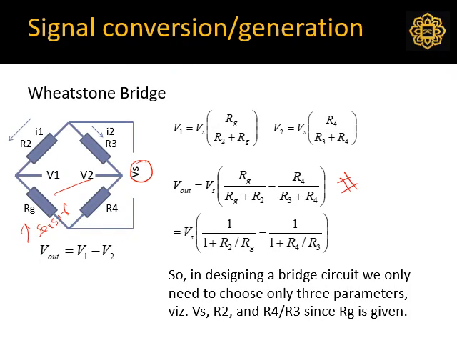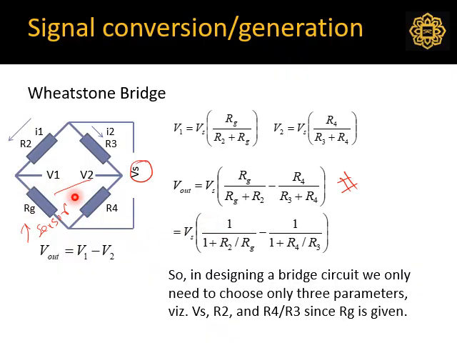Okay. Now let's talk about a Wheatstone bridge circuit. So this is a typical Wheatstone bridge circuit. Usually you have R1, R2, R3, R4 as the known resistors, and RG is your sensor that varies with respect to some parameter variation. It can be a strain gauge, it can be an LDR, or any sort of sensor.